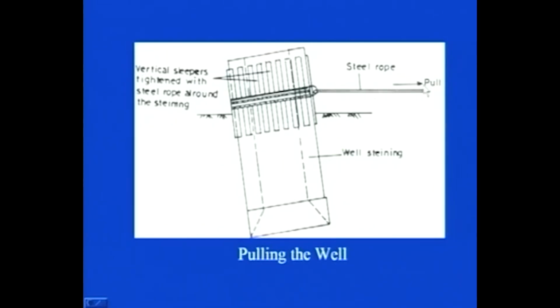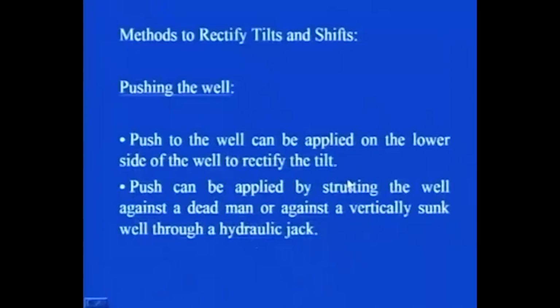Once the pull is applied, the well steining will have a tendency to move in this direction, which will rectify the tilt that has occurred. It should have gone vertically in this direction, so you have to provide a pull here so that it can resume the vertical position. That means it can rectify the tilt and shift if it has occurred at any stage.